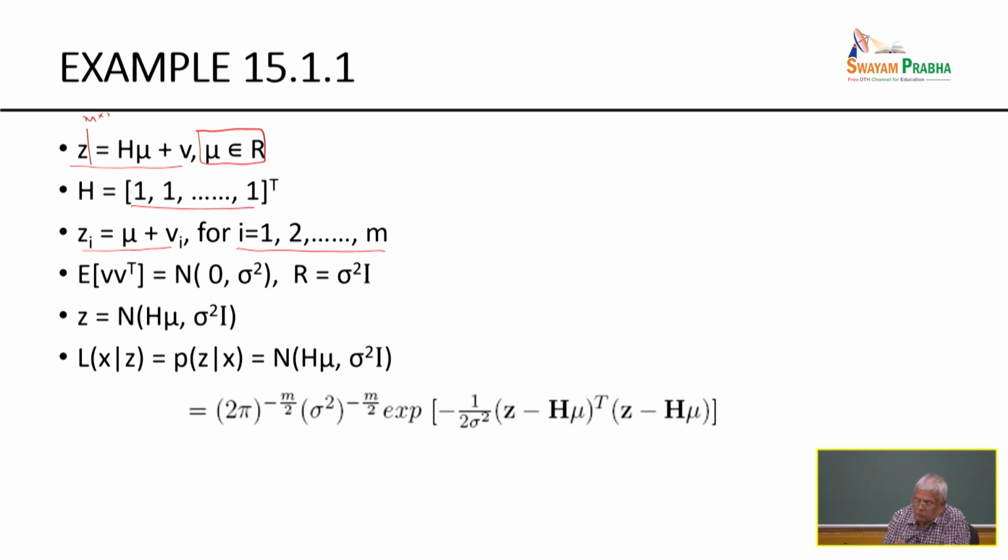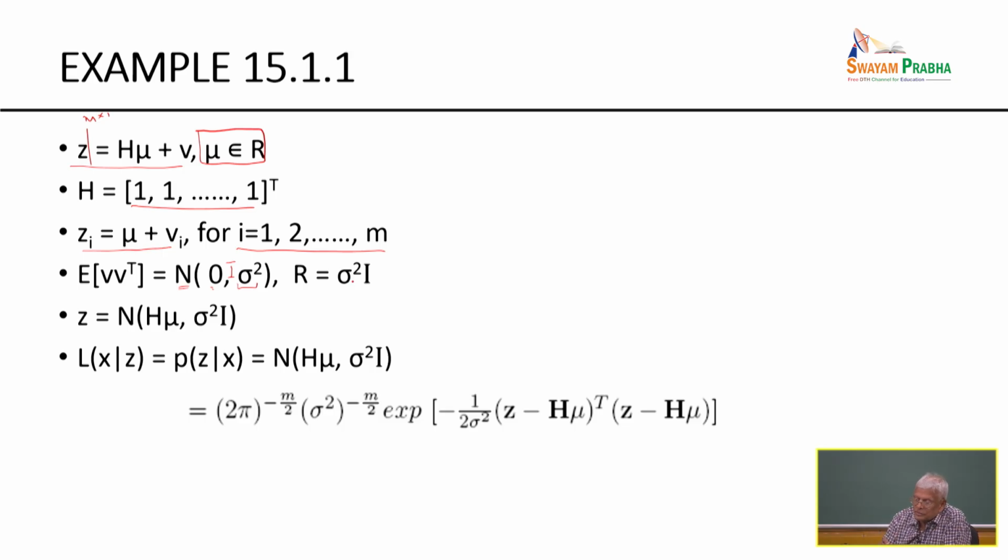Now, V V transpose must be equal to, I must say, I times sigma square. So V is normally distributed with mean 0 and covariance R equal to sigma square I. That's the covariance of the noise.